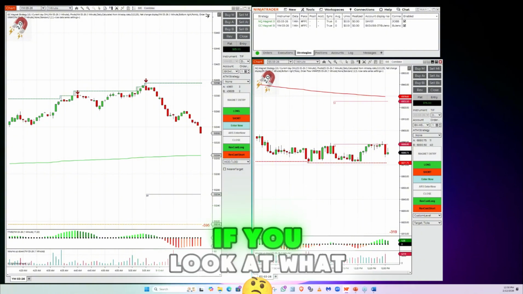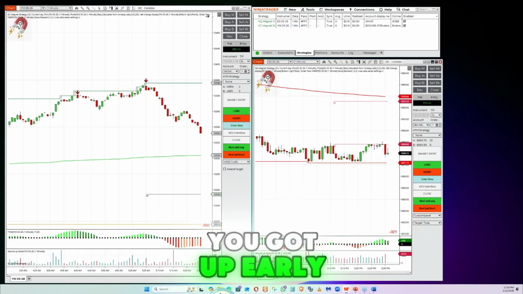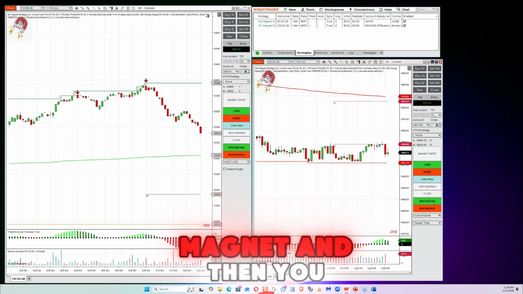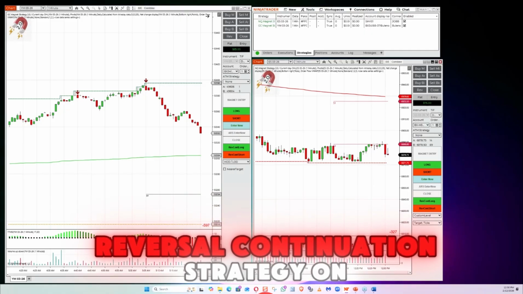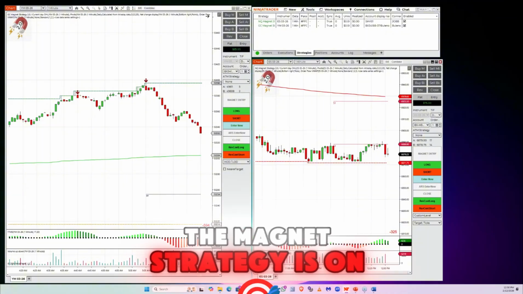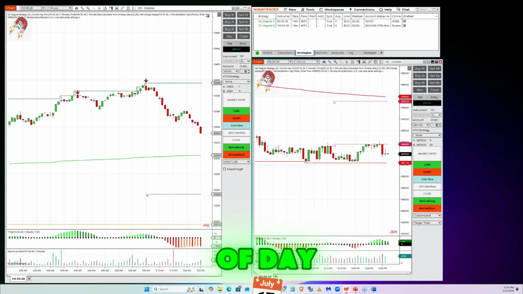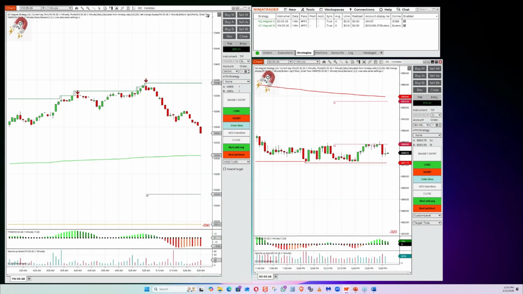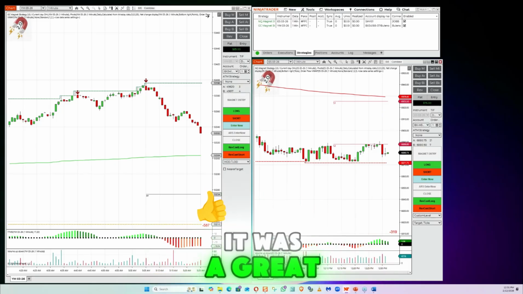For instance, if you look at what happened here, for argument's sake, you got up early this morning and you traded a long and you hit the magnet, and then you got a signal to take a short. You could put the reversal continuation strategy on the chart at the same time the magnet strategy is on the chart. And when you're done and exiting with a profit on your high of day, you can take your short because you got a signal to take a short. It was a good probability signal, and if you entered that trade, it was a great winner.